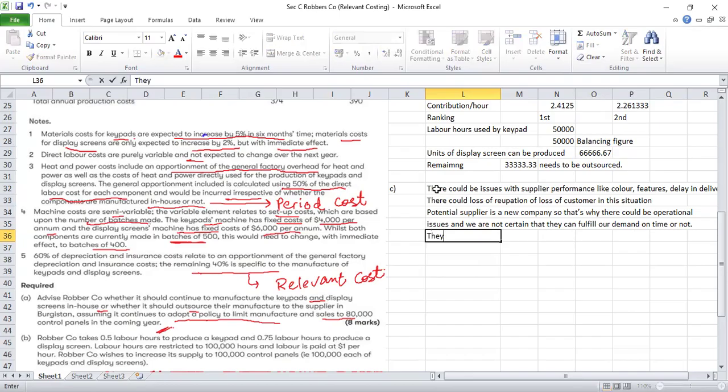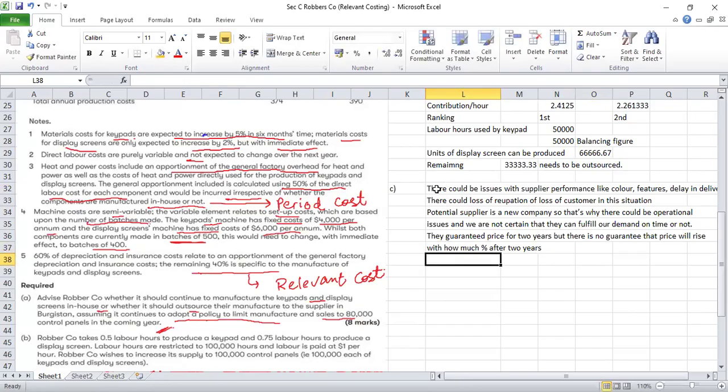Next one is they guaranteed us the price for 2 years, but there is no guarantee how much the price will rise in percentage after 2 years.